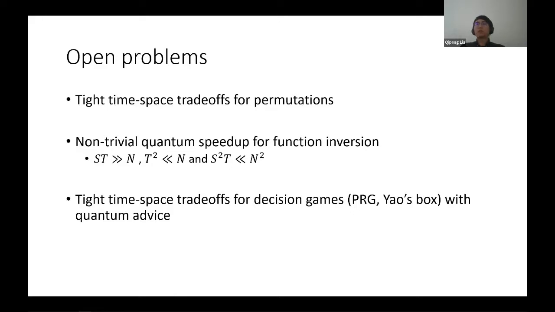So you can basically treat the space as advice, and you reduce the problem of bounding the space during the computation to a bound on using advice to do the computation. I know there's some attempt using the same techniques, but I think it does not give a tight bound for, let's say, collision finding or the element distinctness problem, as far as I know.